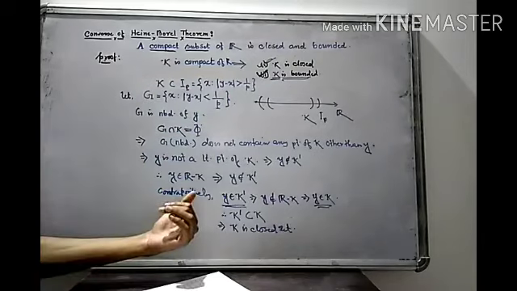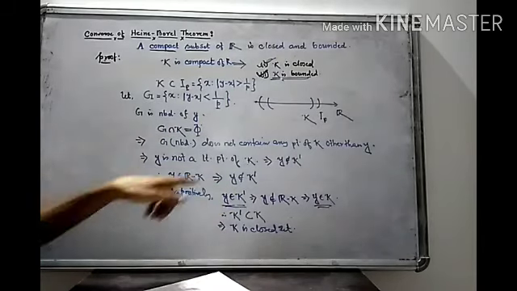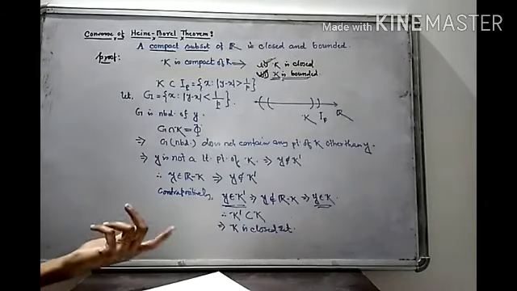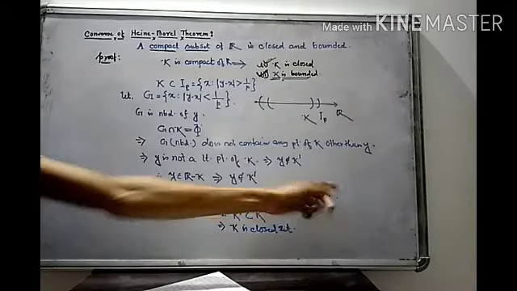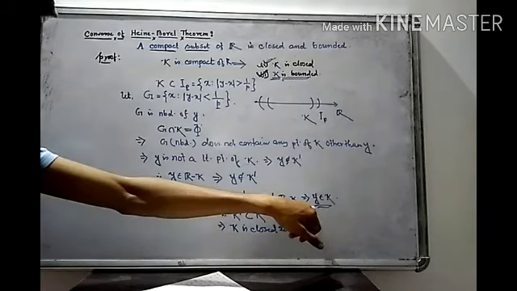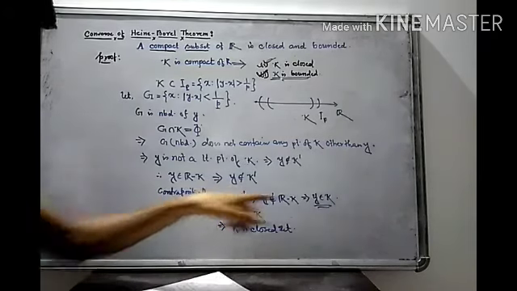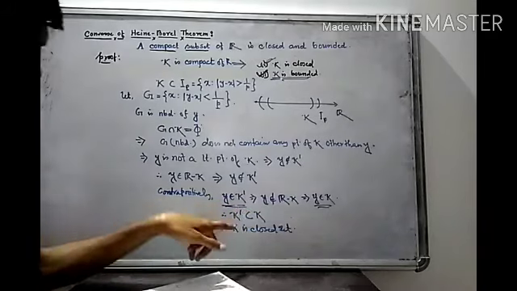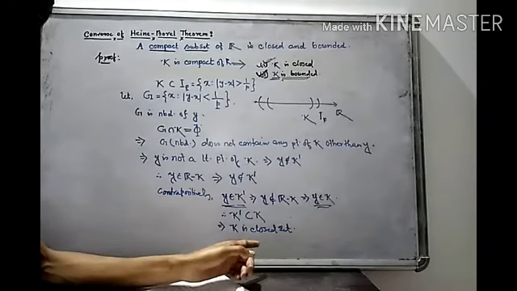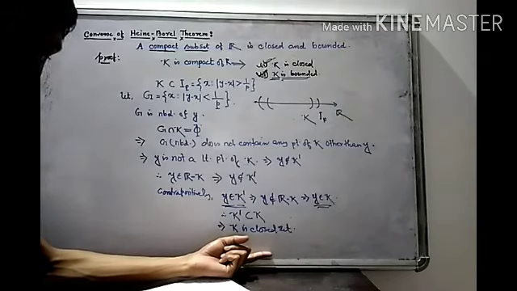So the contrapositive is: if y belongs to K dash, then y does not belong to R minus K. So if y does not belong to R minus K, then y belongs to K. That means K prime is a subset of K. That is, the derived set of K is a subset of K, so definitely K is a closed set.